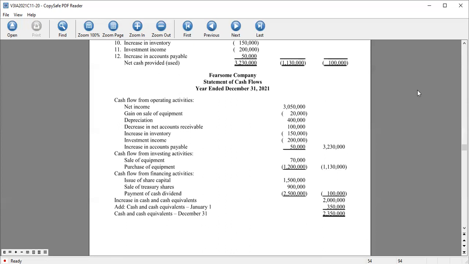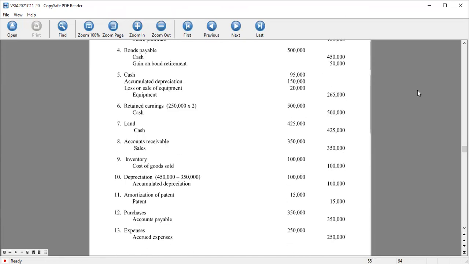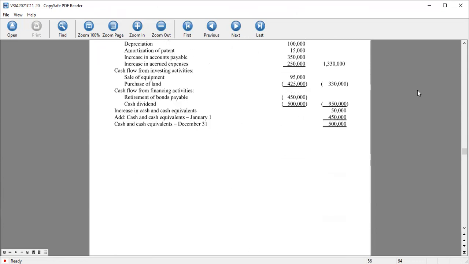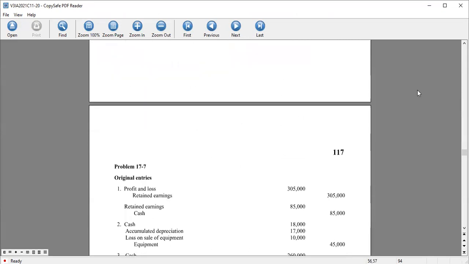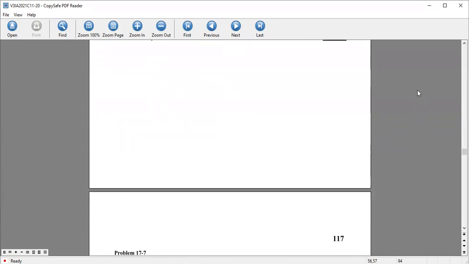That's why your ending balance, now we prove that it's 2,350,000. Now that's for your problem 17-5, another straight problem in addition to 17-1, already answered yesterday, and 17-3.